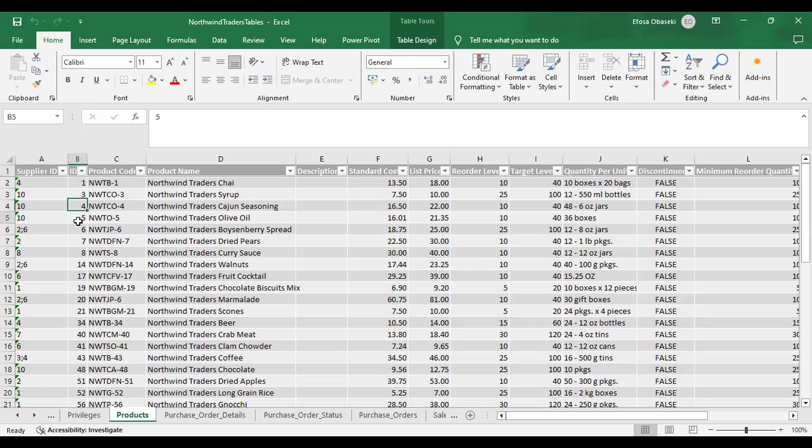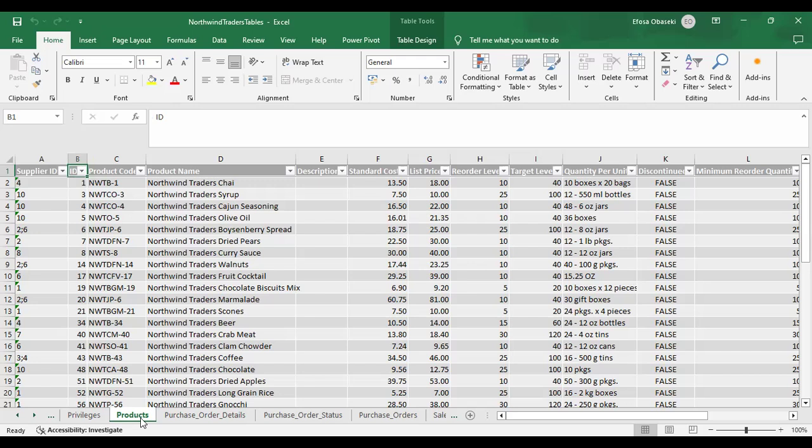Now this ID, you have to understand whenever you are exploring a table like this, when you see something like ID without anything attached to it, like here, you see this supplier ID, so you know what kind of ID this is, right? But this one simply says ID. This is product ID. How do I know it's product ID? Because we are dealing with the products table.